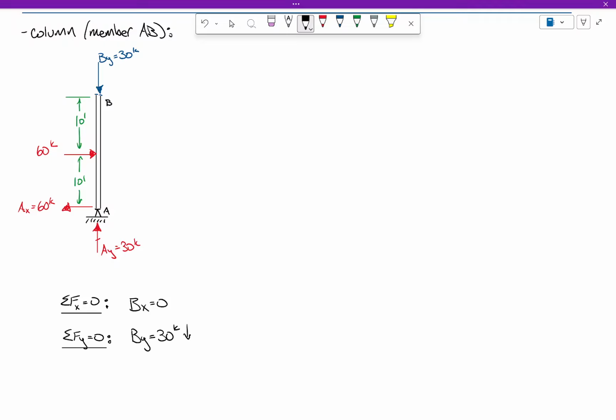Now, I've only used 2 equations of equilibrium. I'm missing one, aren't I? That's the sum of the moments, right? So I'm going to sum moments. I'm going to sum moments at point B, okay?